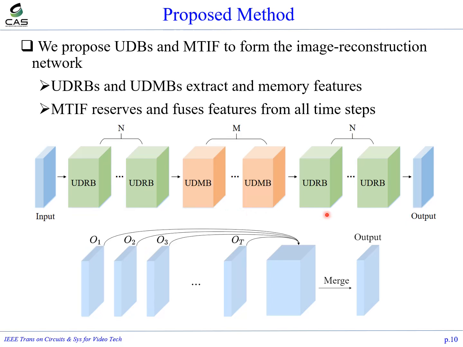We set ultra-dense residual blocks again to enhance the feature extraction and fusion. As for the multi-temporal information fusion, it reserves the outputs from all previous frames and merges them together. By this way, it transfers the long-term temporal information more directly.